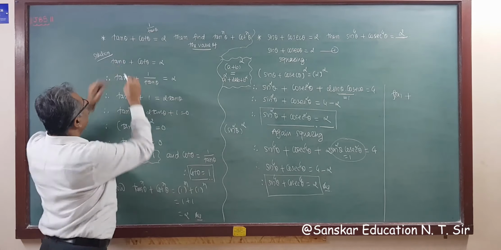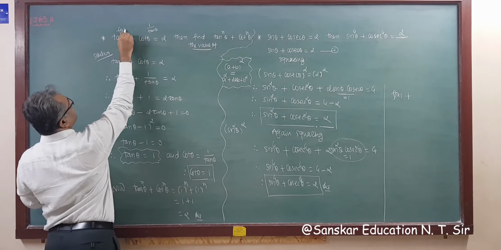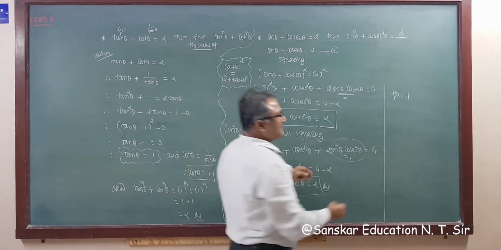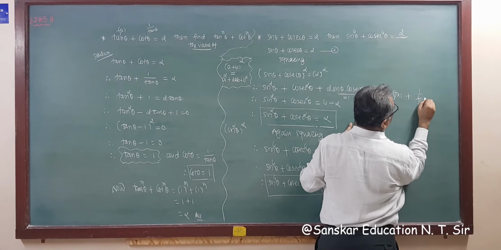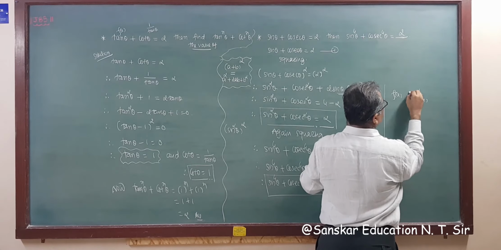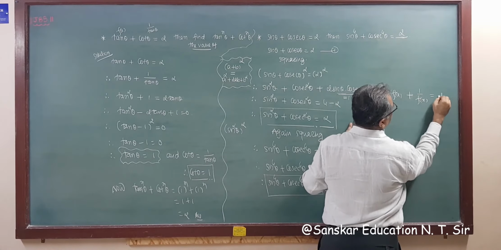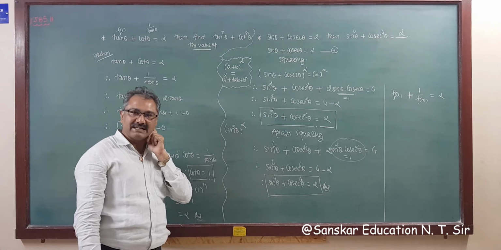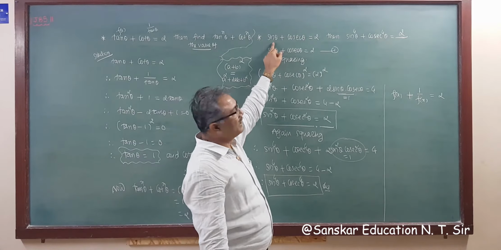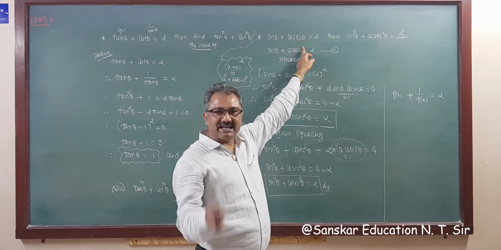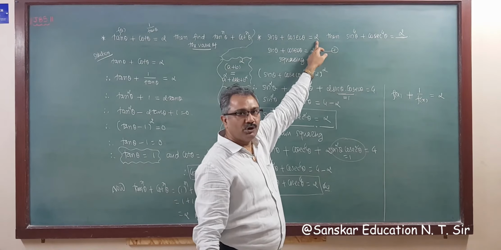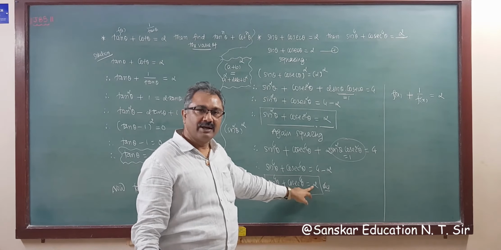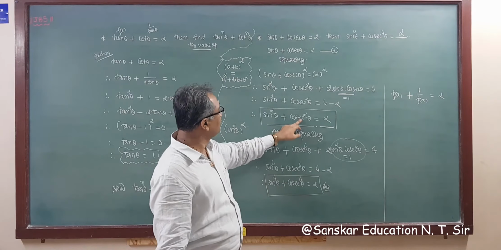So if this is f(x), then this is 1 upon f(x). So f(x) plus 1 upon f(x) is equal to 2. See here, sin theta and 1 upon sin, that is f(x) plus 1 upon f(x) is equal to 2. Then the fourth power is 2. The power 2 is also 2.